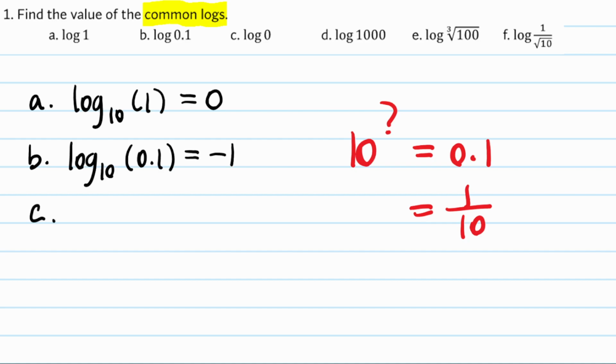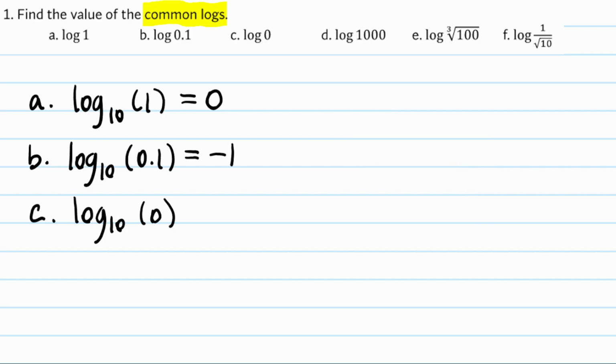Okay, for C, the log with base 10 of 0. I'm going to put equals because this one's not going to exist. So I'm thinking, what exponent do I put on 10 to get 0? There's no exponent you can put on 10 to get 0. You put a positive exponent on 10, it's going to be a positive number, right?